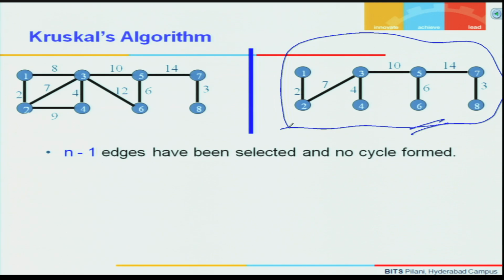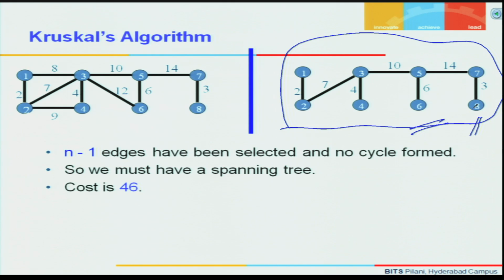Soon after you get n minus 1 edges in the spanning tree that you are generating, you can terminate your algorithm. And if you see, this cost is 2 plus 7 plus 4 plus 10 plus 6 plus 3 plus 14, which is nothing but 46.